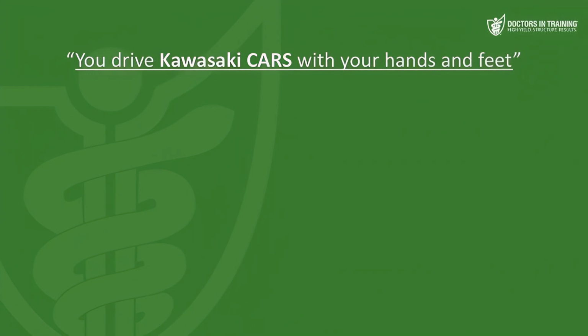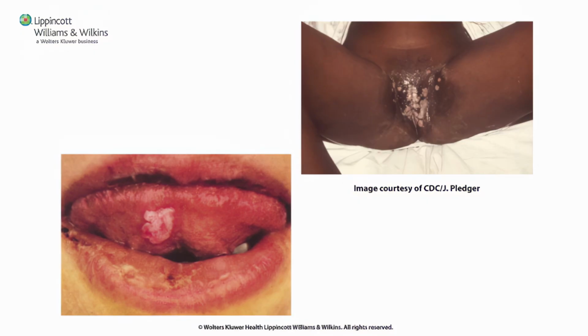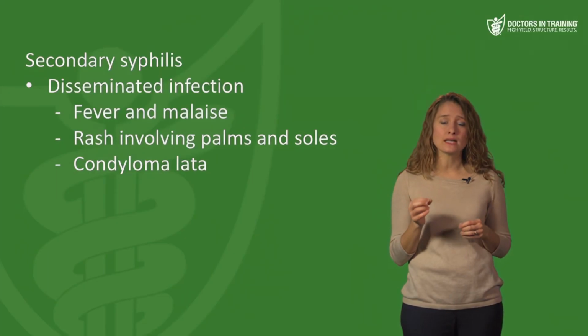Yes, I do know that Kawasaki makes motorcycles and ATVs, but it still works here. So Kawasaki disease, the CA in cars is Coxsackie A, the R in cars is Rocky Mountain spotted fever, and the S is secondary syphilis. Okay, back to secondary syphilis. The other common physical finding is large whitish raised areas and moist areas of the body and on mucous membranes, and this is called condyloma lata.